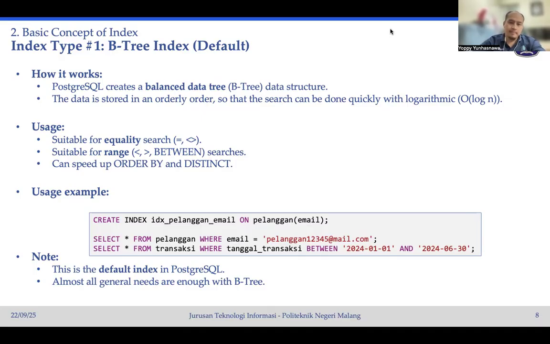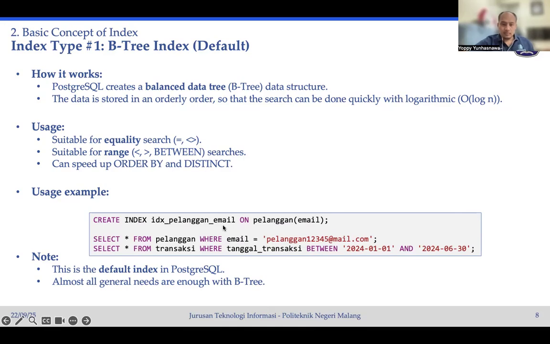So this is the example. We want to create an index on the pelanggan table in the email column. The syntax is like this: create index, then the name of the index. IDX means index, so idx_pelanggan_email. This means that the index will be created on the pelanggan table in the email column.